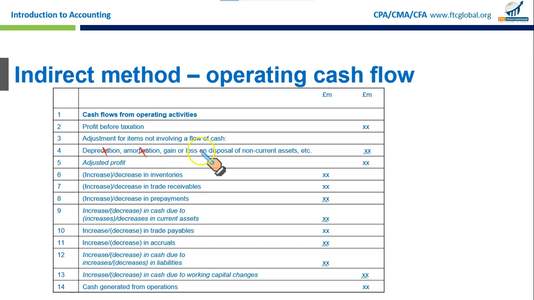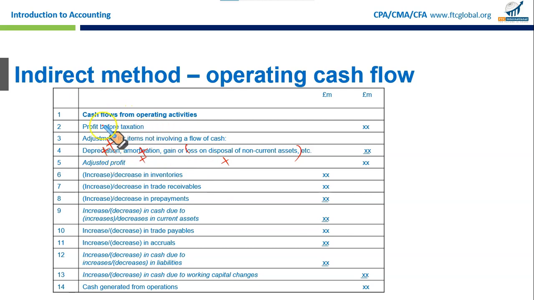Any loss on disposal of a non-current asset. You sell any asset which is obsolete or which is no longer required, which is surplus, and there is a loss on disposal. So loss on disposal is also a non-cash transaction. So you add back loss on disposal, you add back amortization and depreciation.